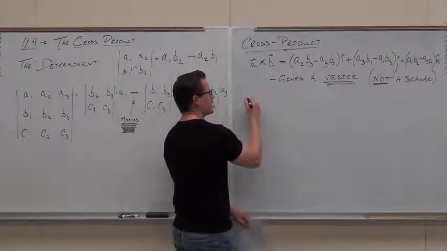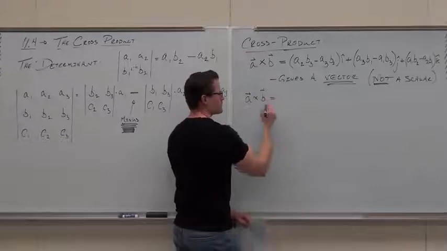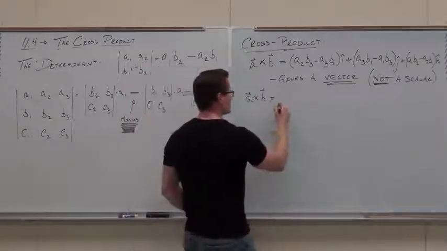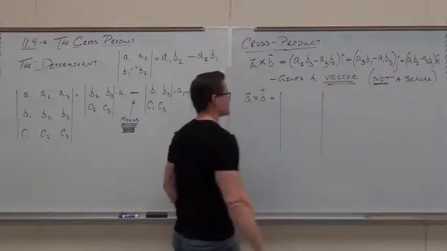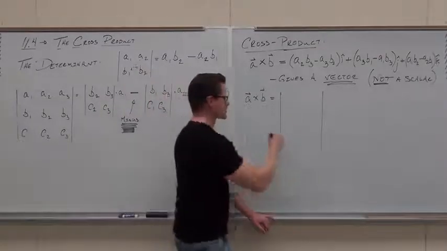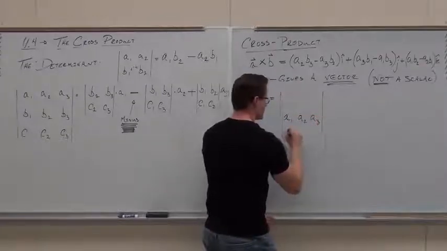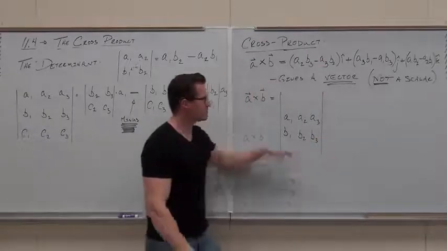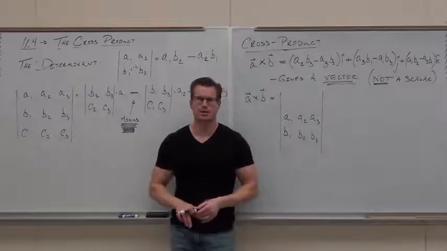So if I wanted to find another way to do this, check this out. This is pretty cool. If we take the components of our vectors like that, and we put them on the second and third row respectively, and you're going to ask me later, does the order matter?